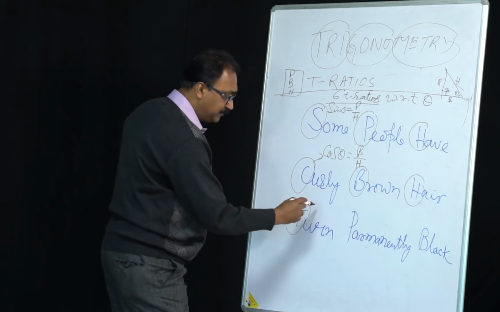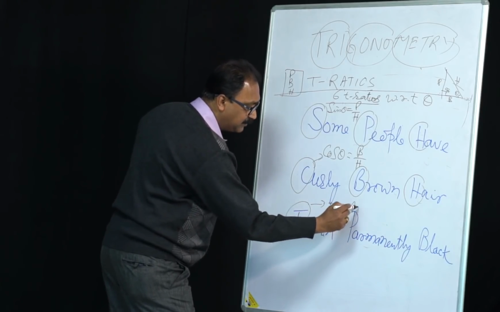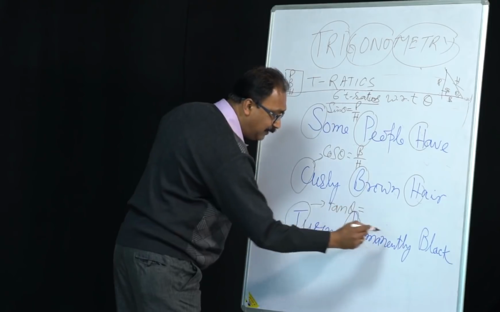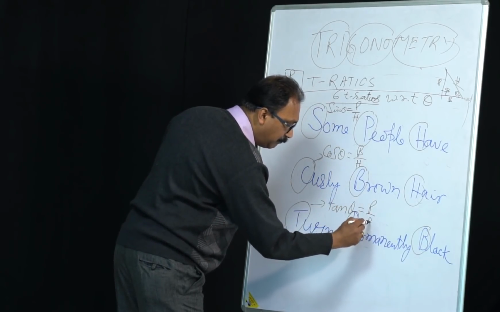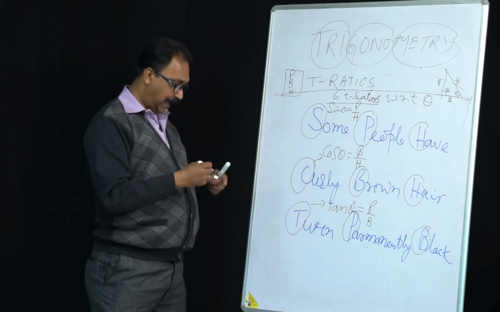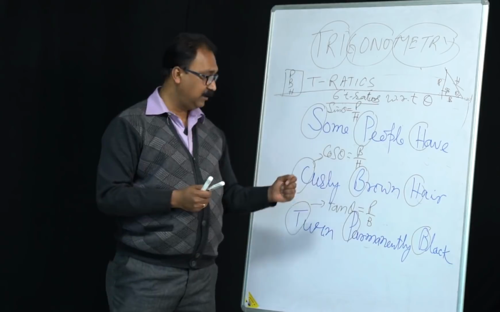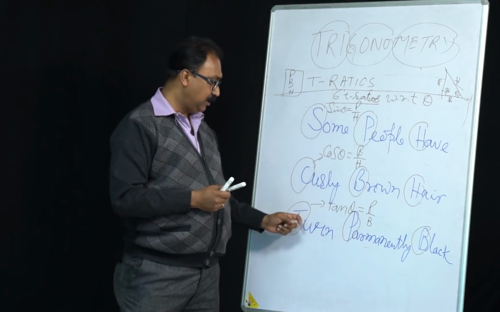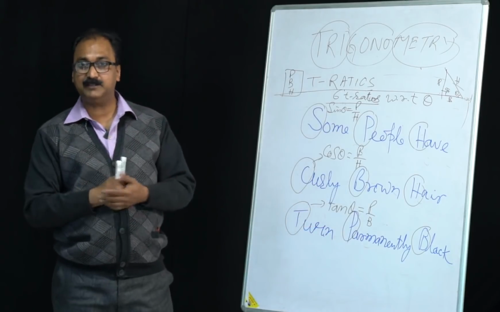Turn, T for tan theta, is equal to permanently black, P by B. So some people have sine P by H, curly brown hair, cos B by H, turn permanently black, tan P by B. It's very nice to remember.